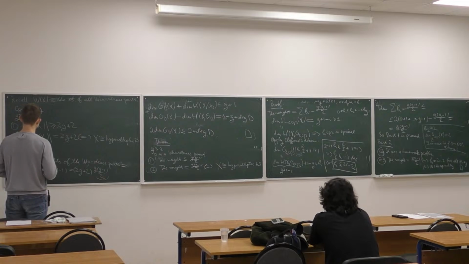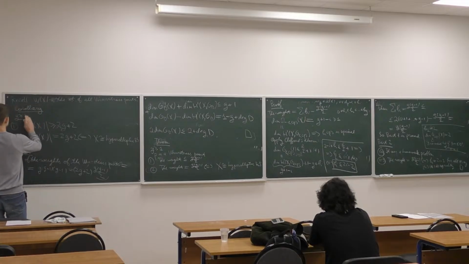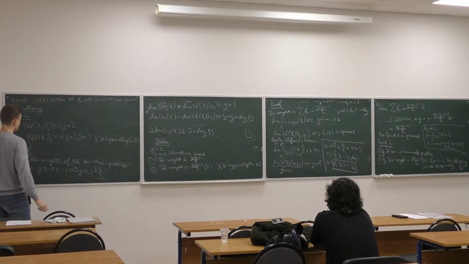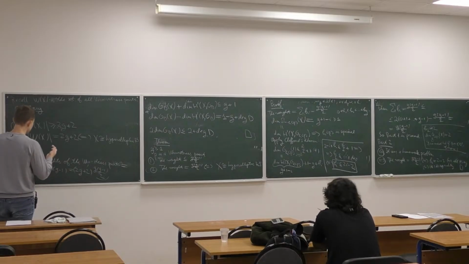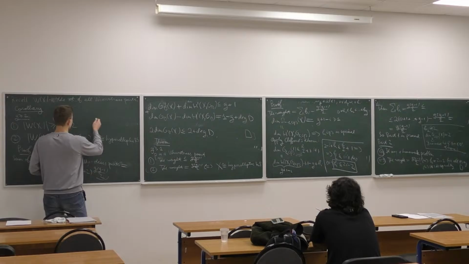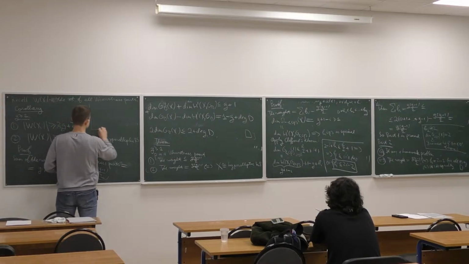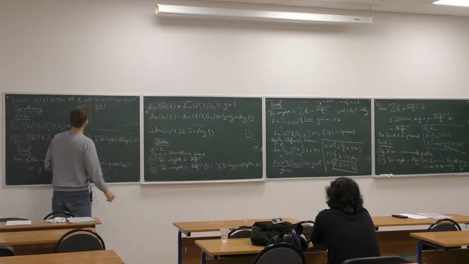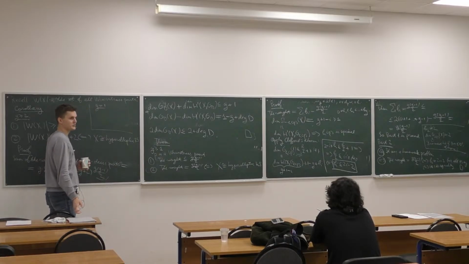Yes, very good remark. Yes, indeed, g should be at least 2. Yes, because actually, if you have a complex torus, suppose g equals 1. What are the Weierstrass points on a curve of genus 1? No, yes.